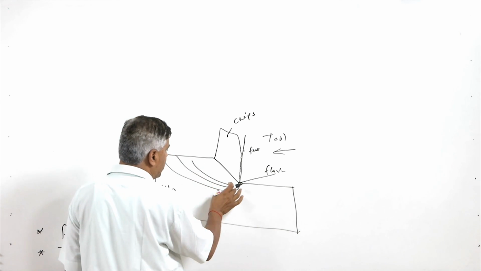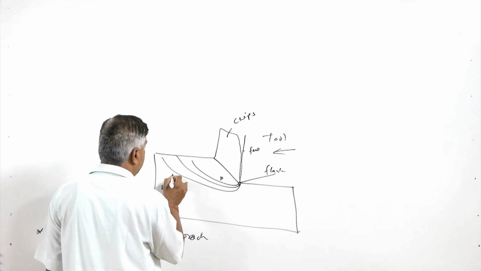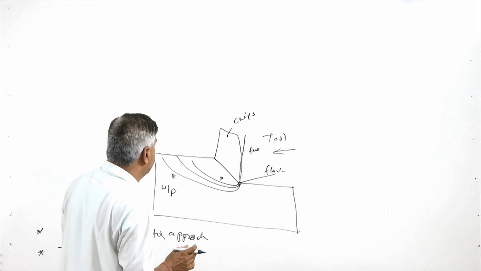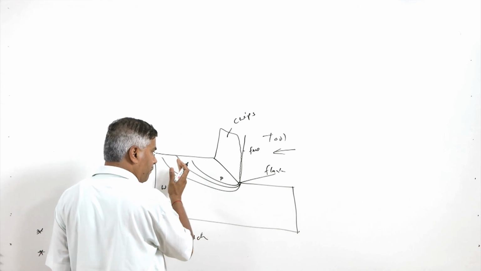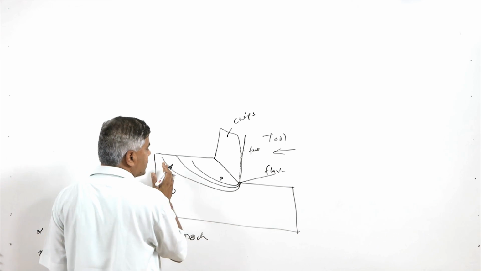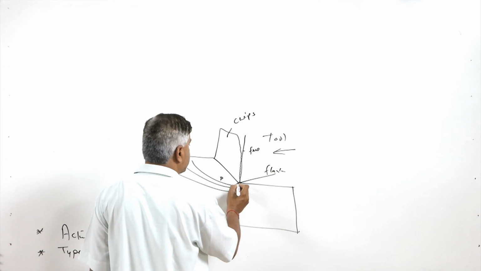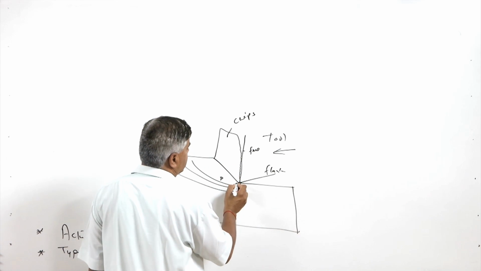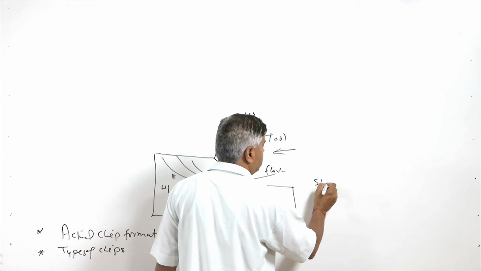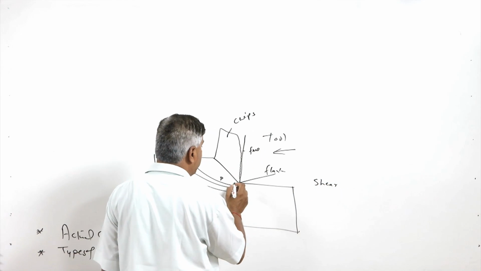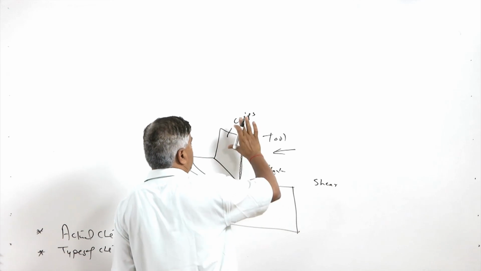The zone very close to the cutting edge will be subjected to plastic deformation, and the zones away from the cutting edge will be under elastic deformation initially, but as the tool approaches them, they will also be under plastic deformation. As soon as the stresses in the material exceed the shear strength of the material along a particular plane, which is called the shear plane, the material gets sheared off and the chips start forming.